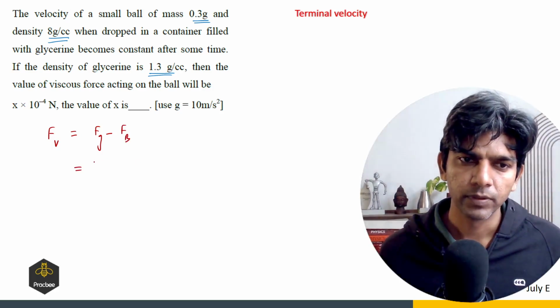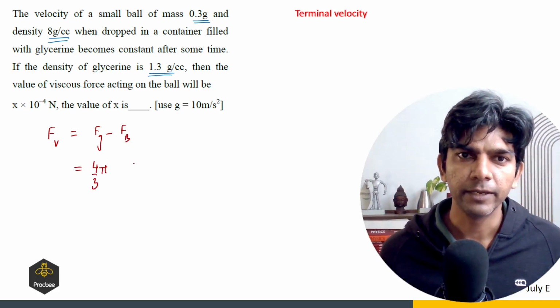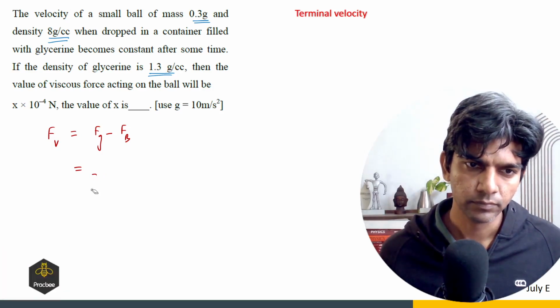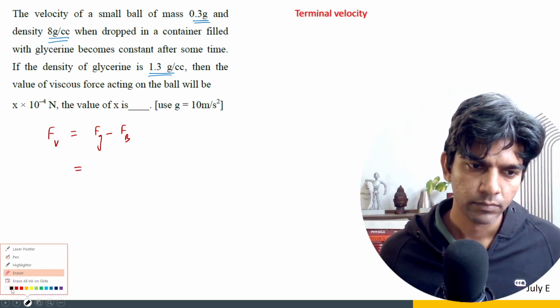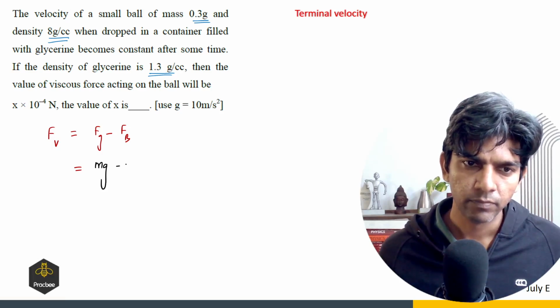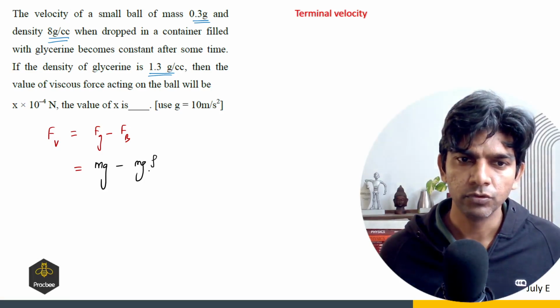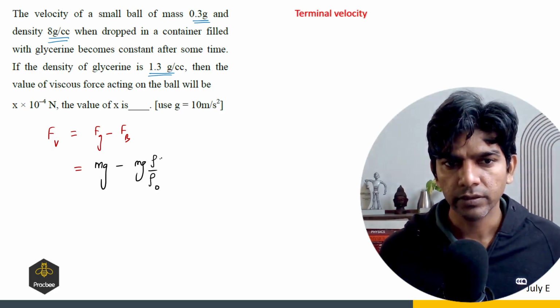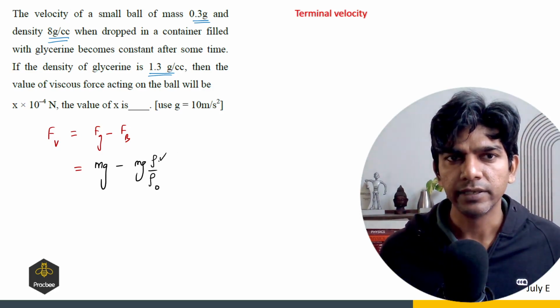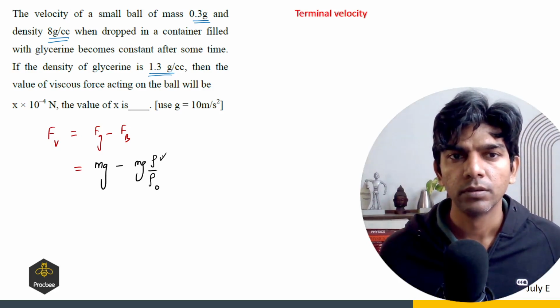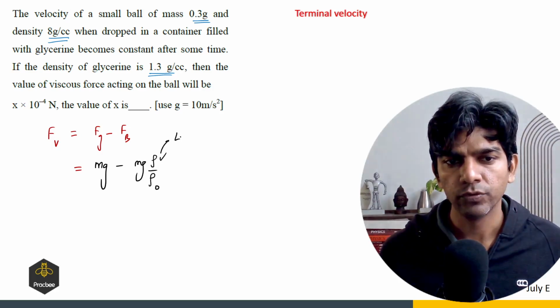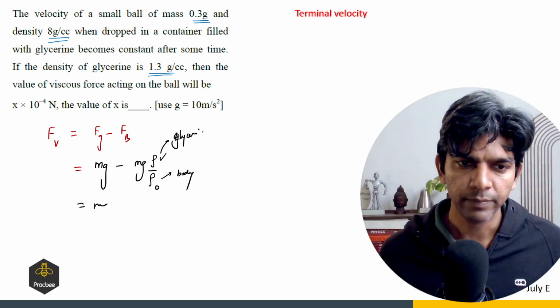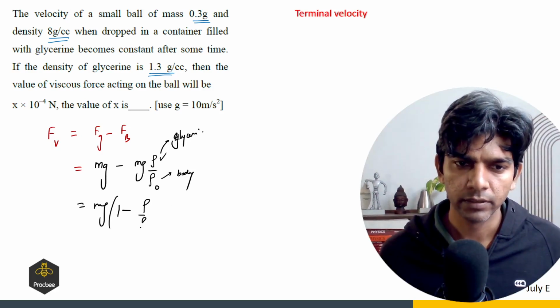Mass is given, right? So this will become mg minus mg rho by rho naught, where rho naught is the density of the liquid, glycerin, and rho is the density of the body. So it will become mg times 1 minus rho by rho naught.